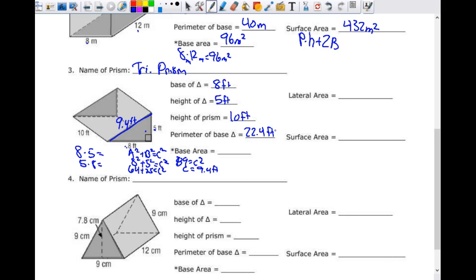Base area for a triangle is 1/2 base times height. 8 times 5. What's half of 8? What's 4 times 5? 20 feet squared.